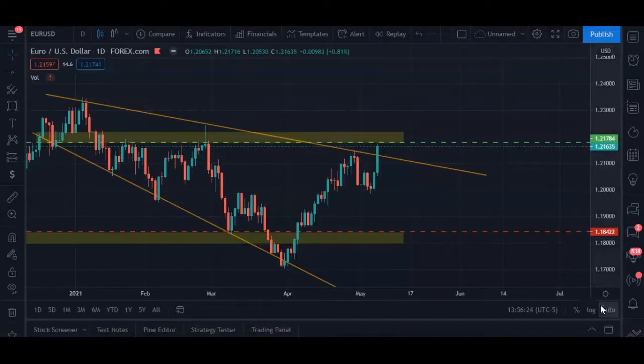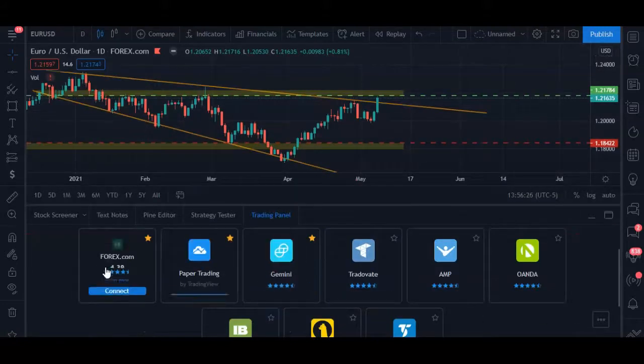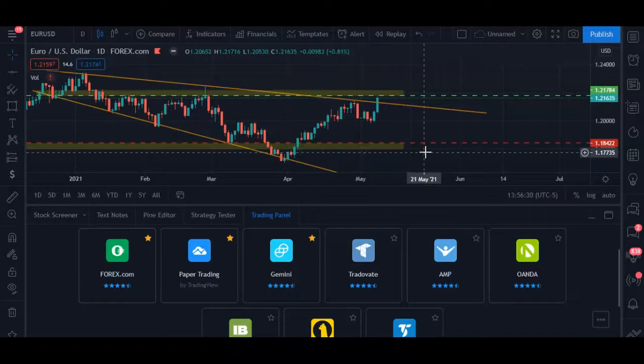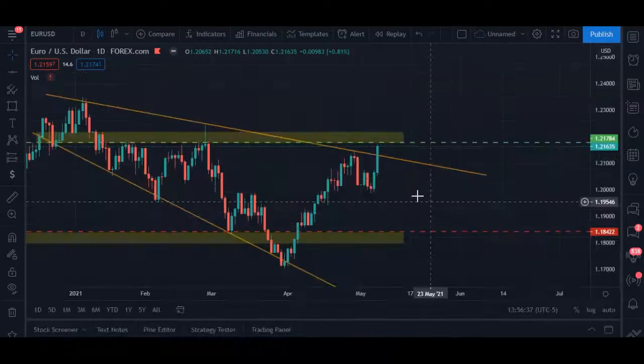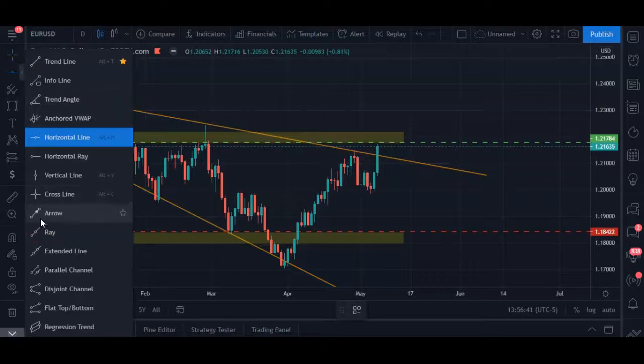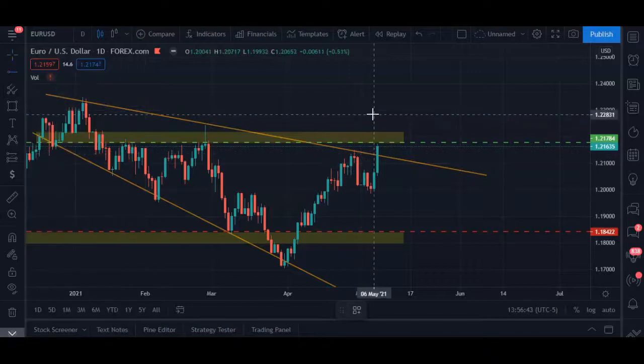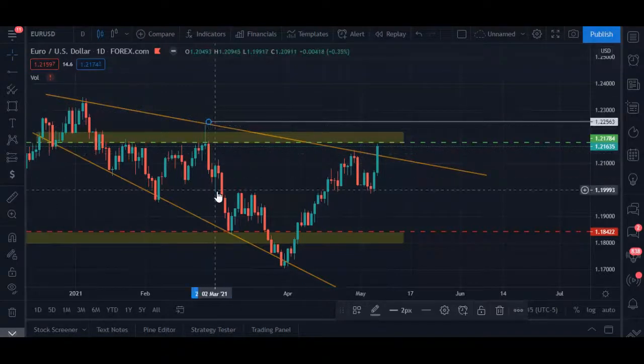I need to sign in though, so you can see that. It should be automatically signed. But basically, let me do this. Say for instance, this is my buy limit.